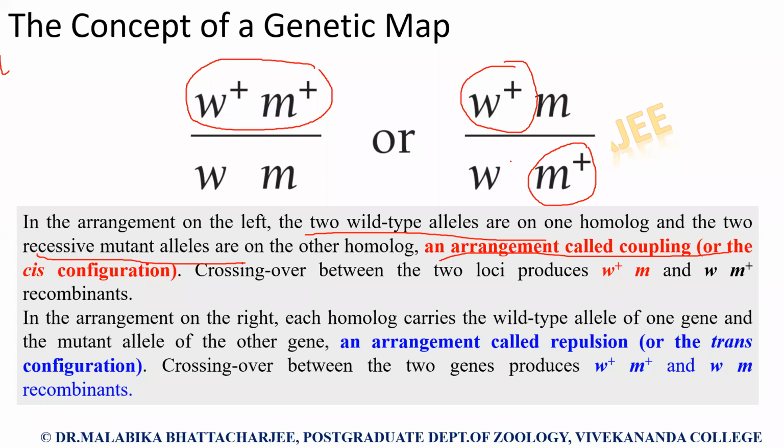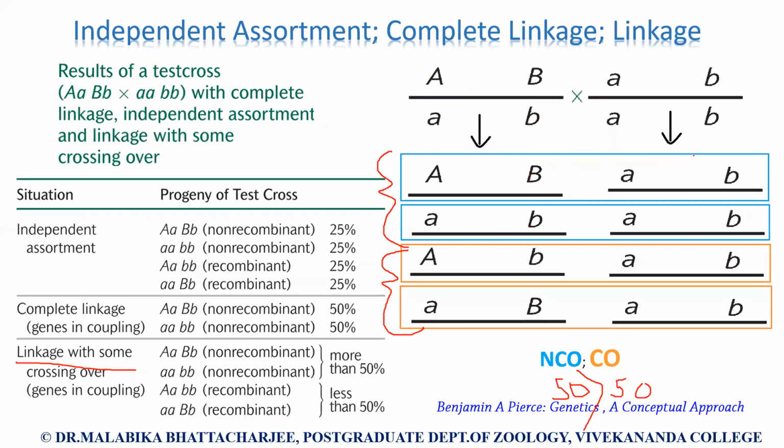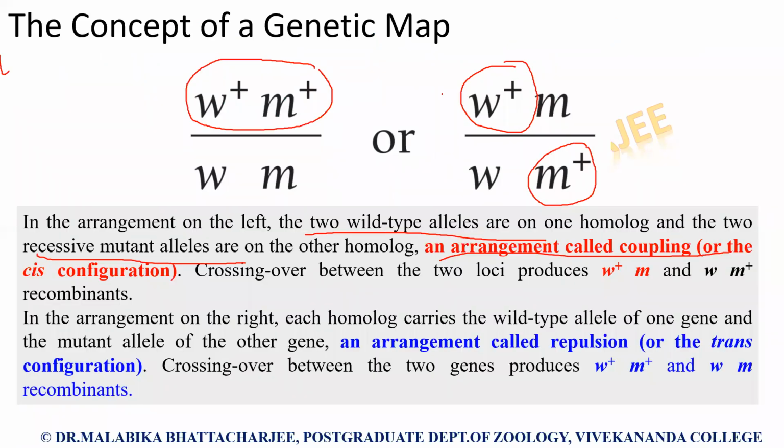So remember those two terms, coupling and repulsion. In the previous slide, it was written that for genes in coupling, you have to assume that the dominant alleles are in one chromosome and the recessive alleles are in another chromosome. That is how we use these words in genetic maps.